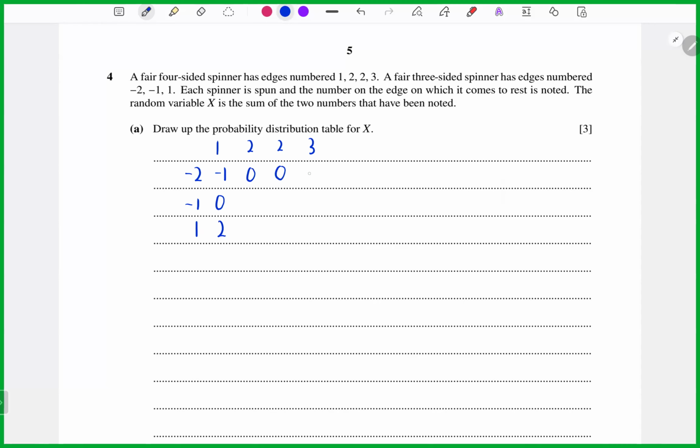Negative 2 plus 3, you get 1. Negative 1 plus 2, 1. Negative 1 plus 2, 1. Negative 1 plus 3, you get 2. 1 plus 2, 3. 1 plus 3, 4. You need to draw this table first because we need to find the random variable for the sum of the two numbers that have been noted.